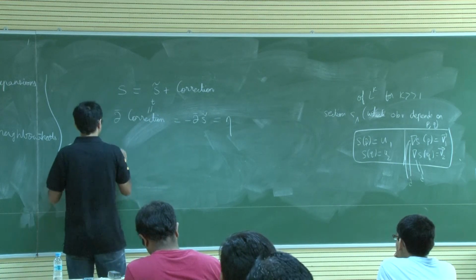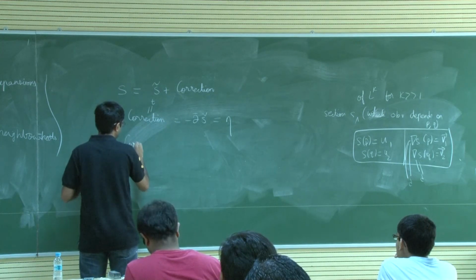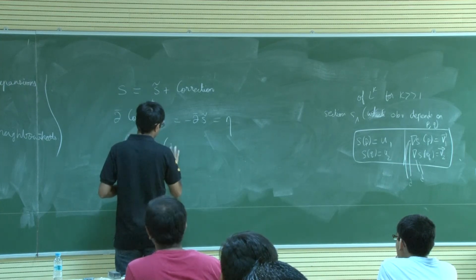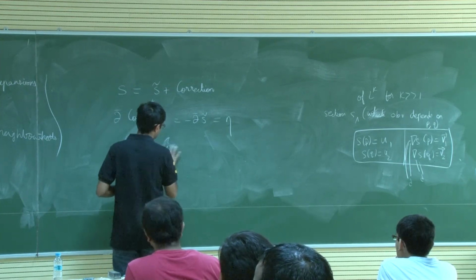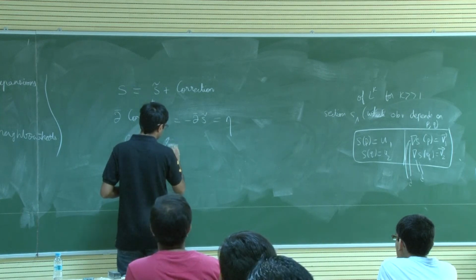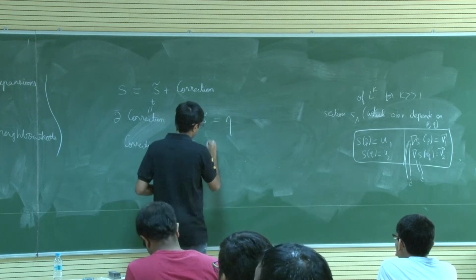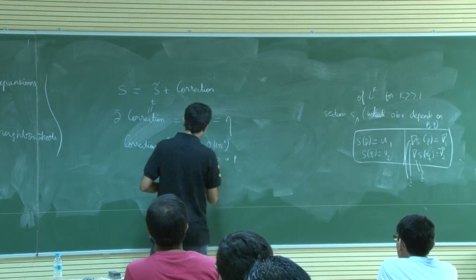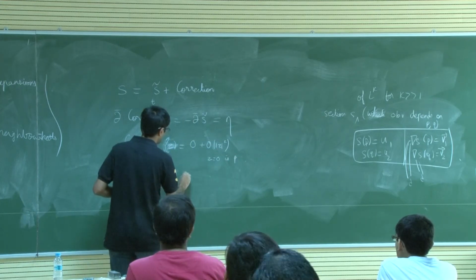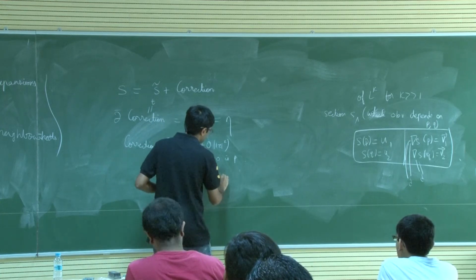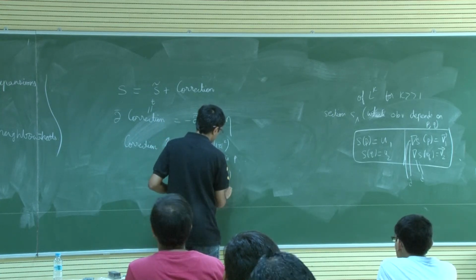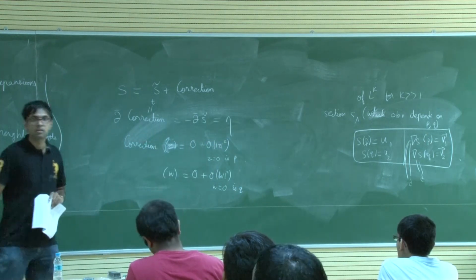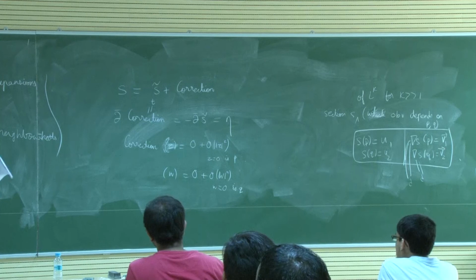And the correction term has 0 near P as 0 plus order |z|^2, where z equals 0 is P, and say at w, where w equals 0 is Q. This is what we want to do.